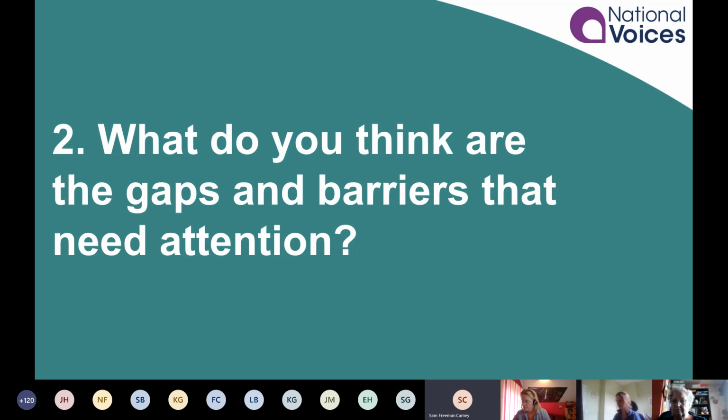I just wanted to highlight some of the more obvious gaps and barriers. We've talked a lot about those who do have access and some of the difficulties with appointments. But there are groups who can't afford broadband or the technology in order to engage.